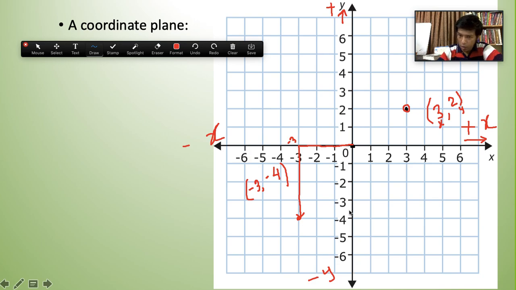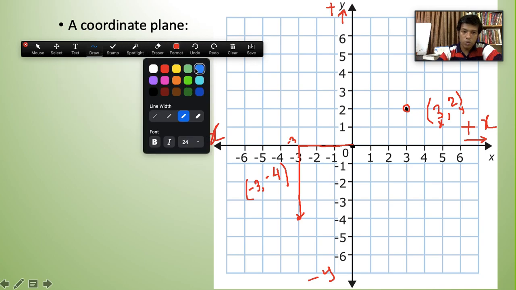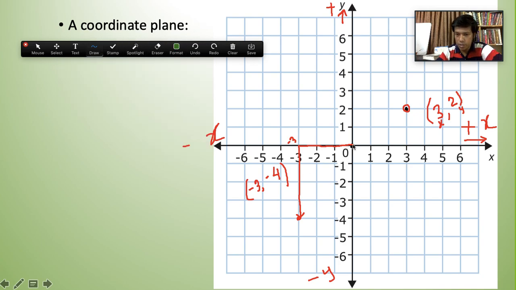Okay, alright. Now what if I go this way? Because I can come down first and then I can go left. That is also another way to go to that point. So I go in the y direction 1, 2, 3, 4. So y value is minus 4. Then I go to the left side 1, 2, 3, negative 3, as you can see, this side is negative x.